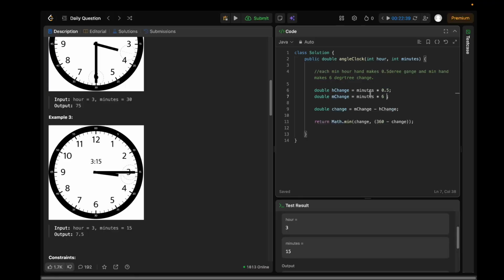If it's 30 minutes for the hour hand, but I also have to go 3 times, it should be like 45, right?